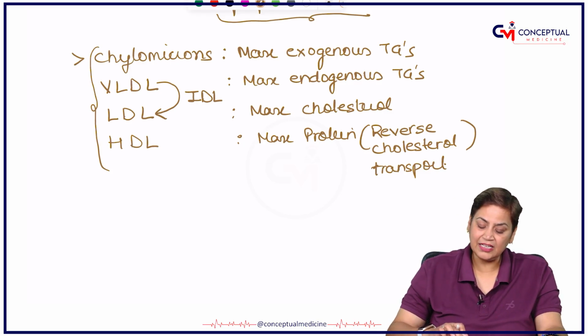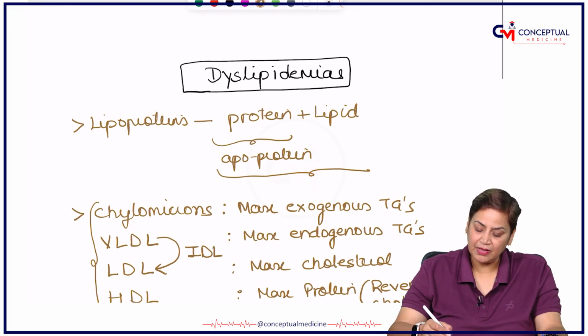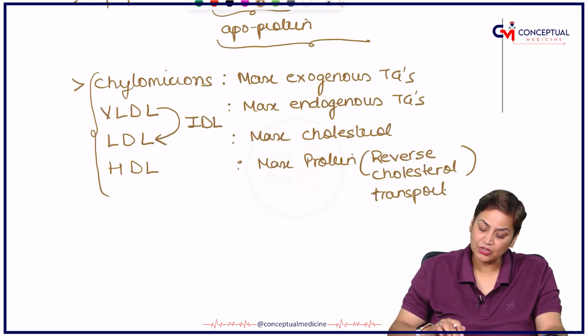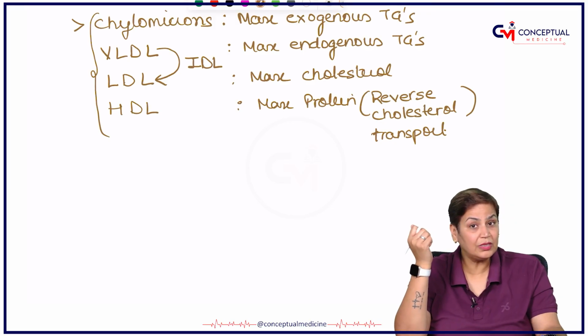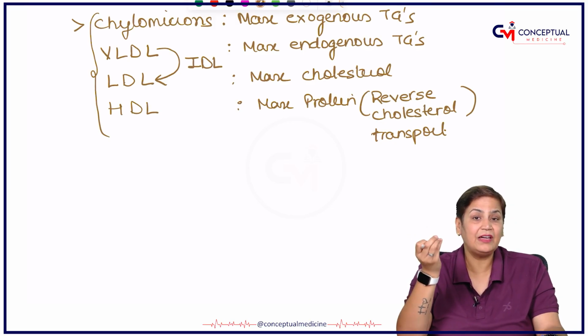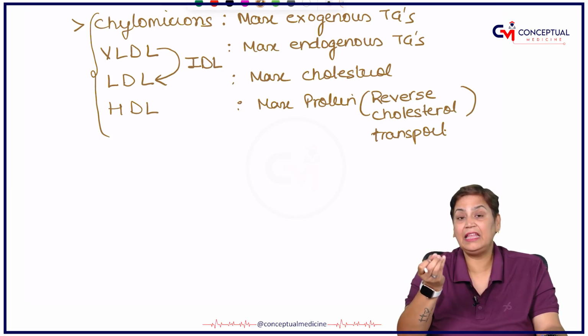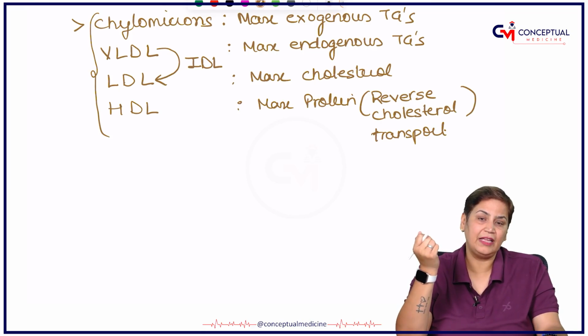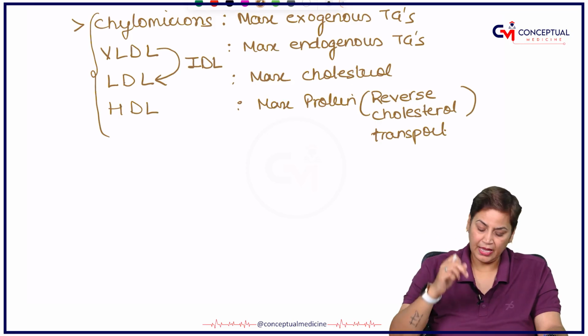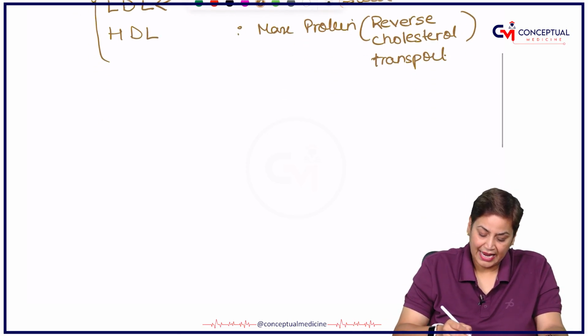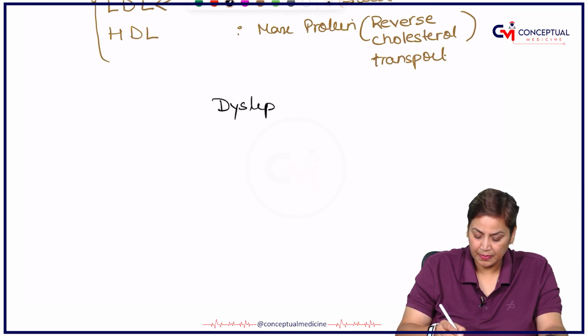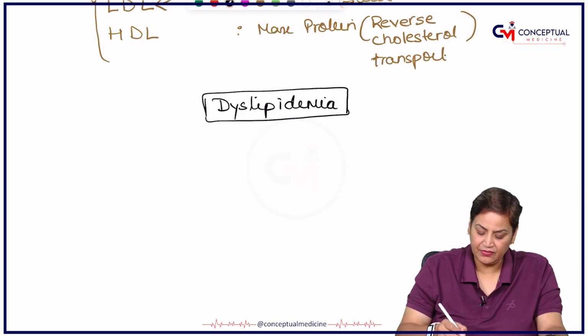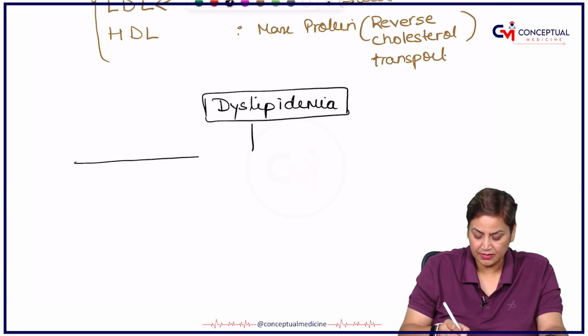And what are these dyslipidemias? Dyslipidemias are a class of disorders related to the lipoproteins, whenever there is a defect in the enzyme or a defect in the receptor. We can categorize these dyslipidemias, and Fredrickson was the scientist who gave a detailed classification of them.